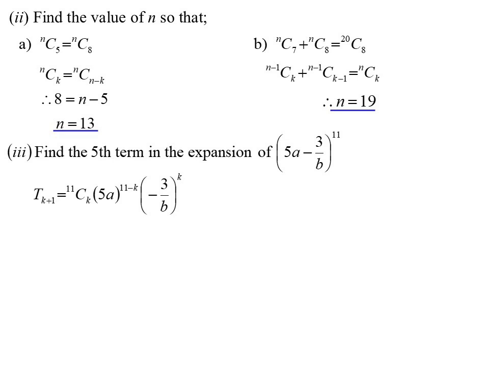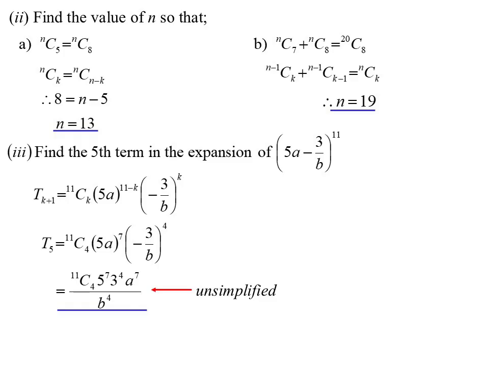Other than that, there's my binomial coefficient, 11Ck. The second one I've made to the power of k, and therefore the first one, 5x, must be to the power of 11 minus k. We want the 5th term, so k would equal 4. Subbing that in, there's my term, in an unsimplified form.